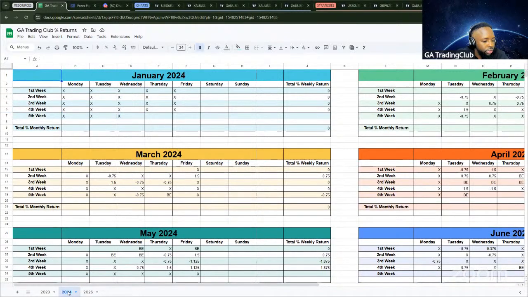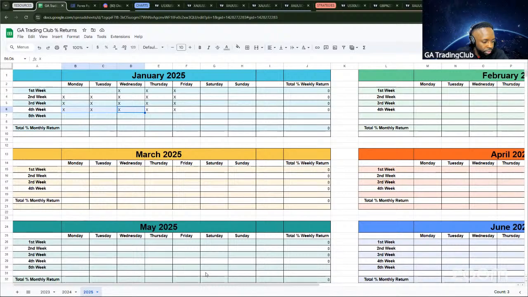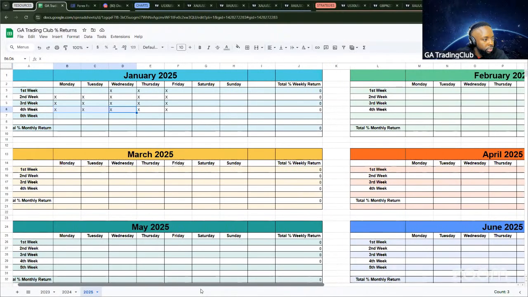See this one for last year. I think okay. February. Friday. So February. 1, 2, 3, 4. The third.